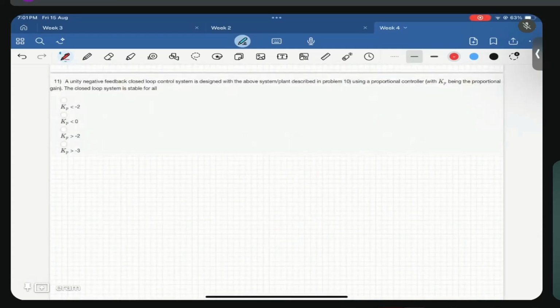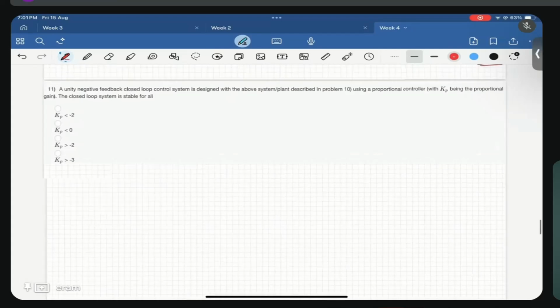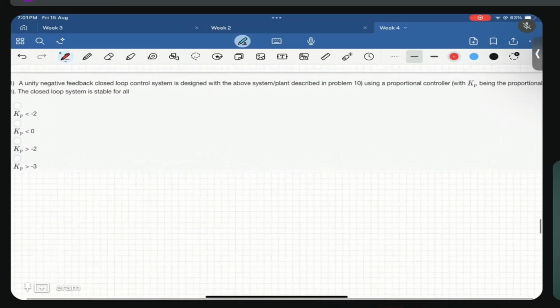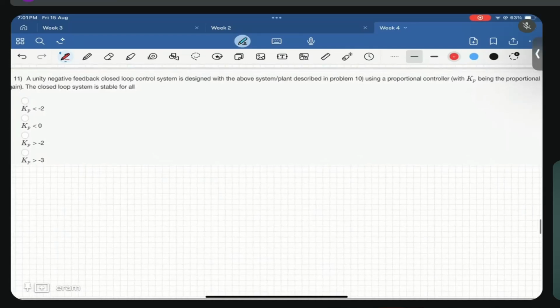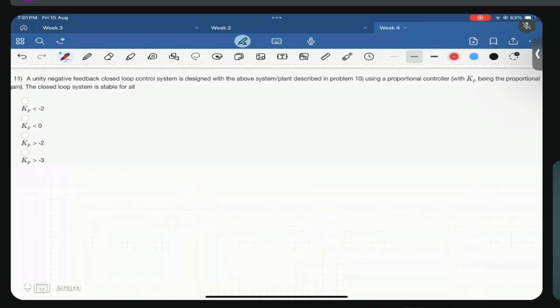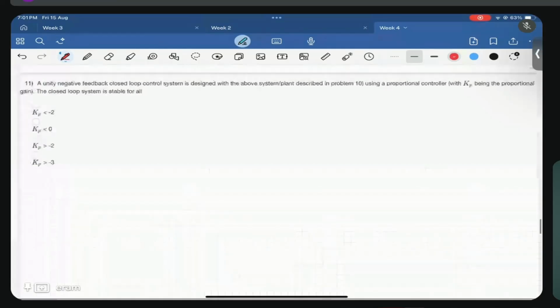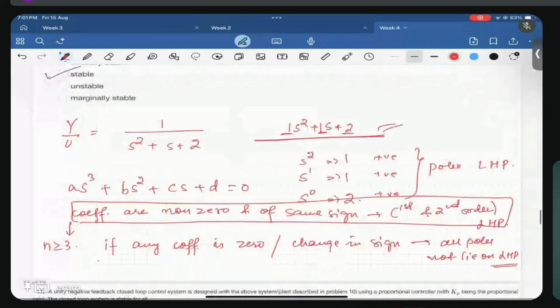So, a unity negative feedback closed loop control system. The question is visible to all of you. It says that a unity negative feedback closed loop control system is designed with the above plant, where the transfer function is 1 by s square plus s plus 2.